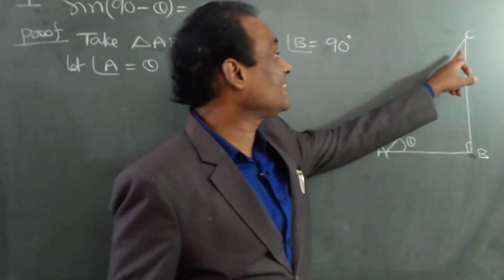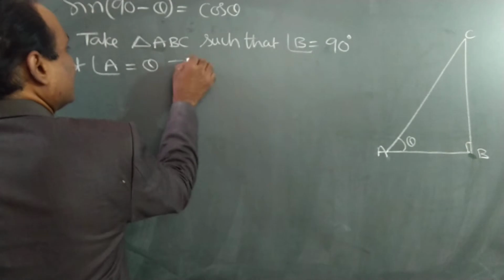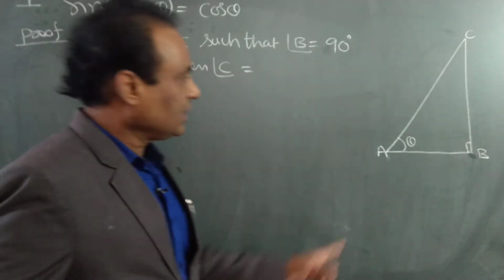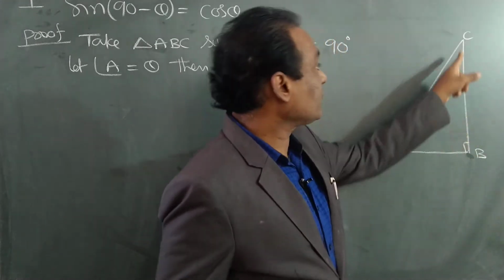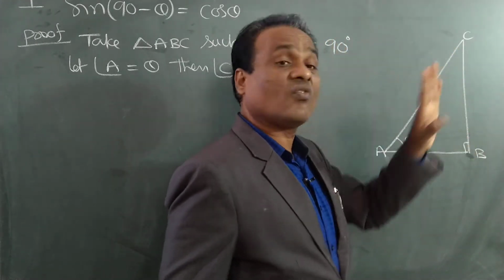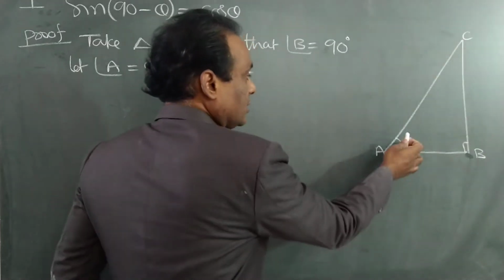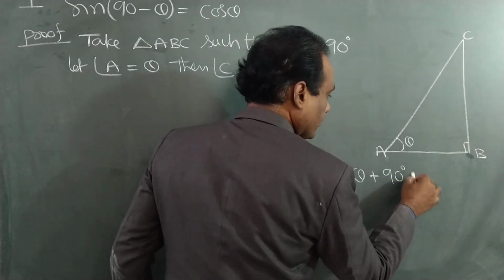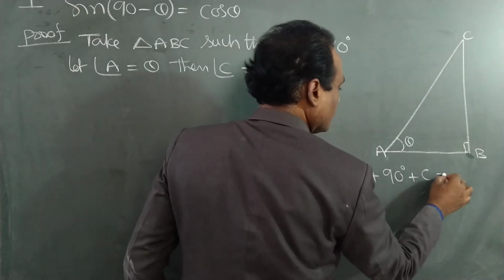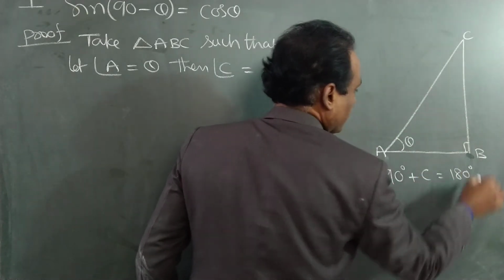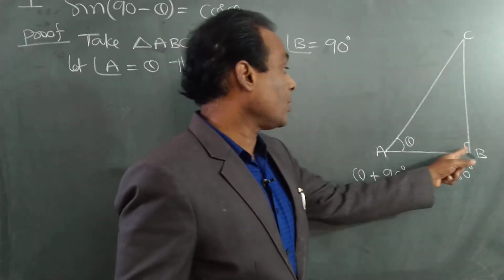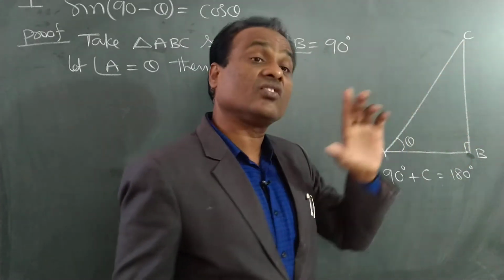Then what will be this angle? What is angle C? The sum of the three angles is 180 degrees. See, theta plus 90 plus C is equal to how much? 180, because the sum of three angles in any triangle is 180 degrees.